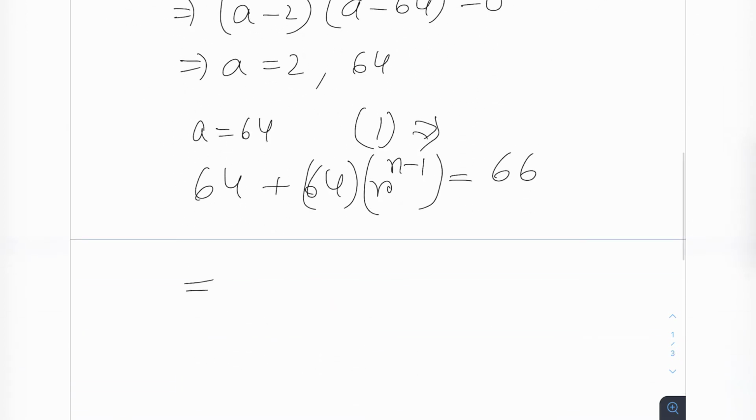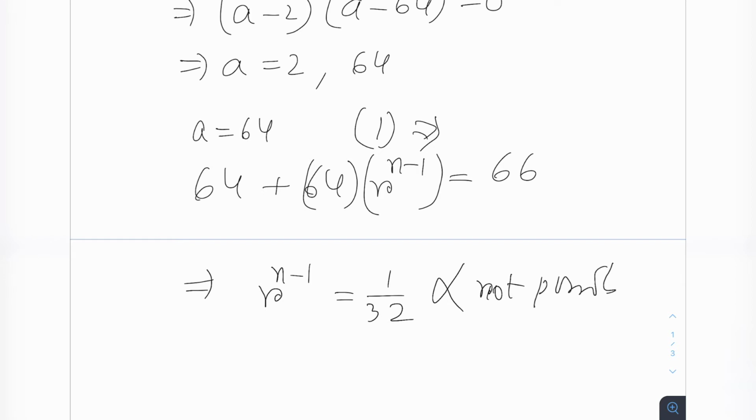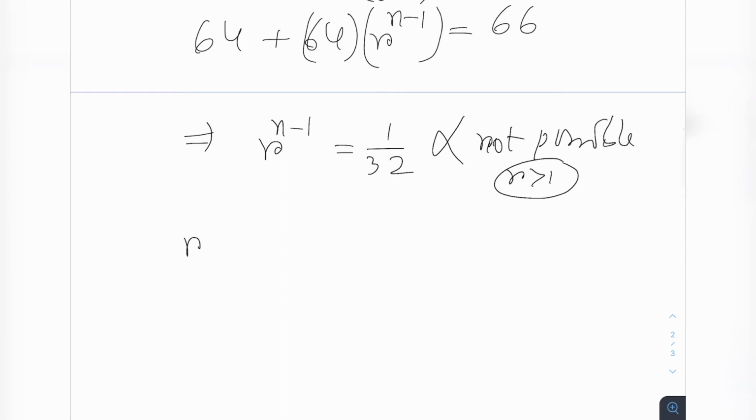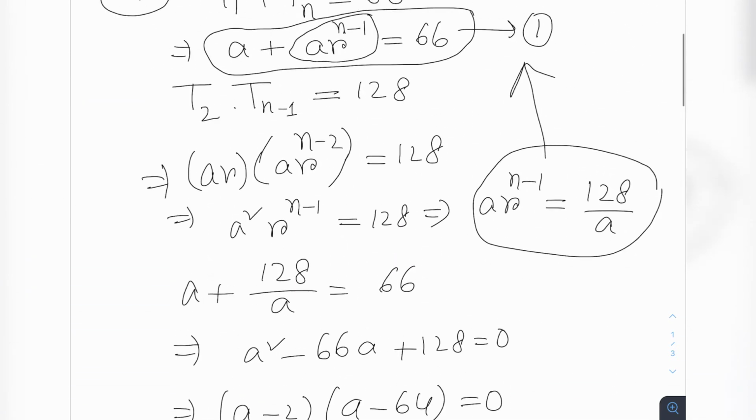So that means r to the power n minus 1 becomes again 2 over 64, 1 over 32. That means r not possible as r greater than 1 for the increasing GP. So we have to take r equals 2. So r becomes 2.